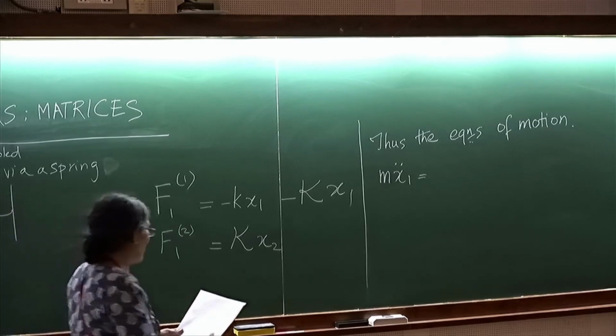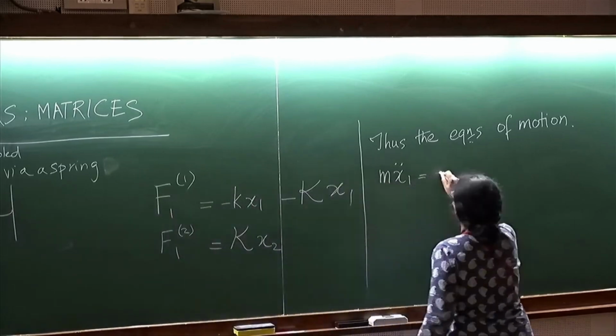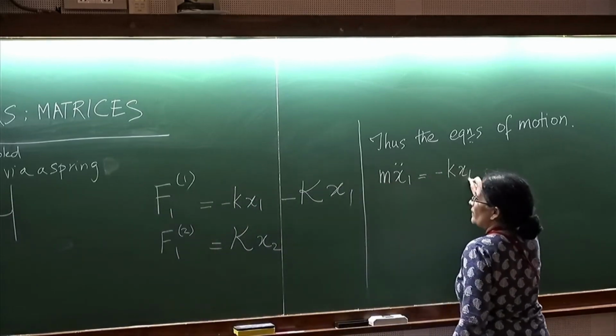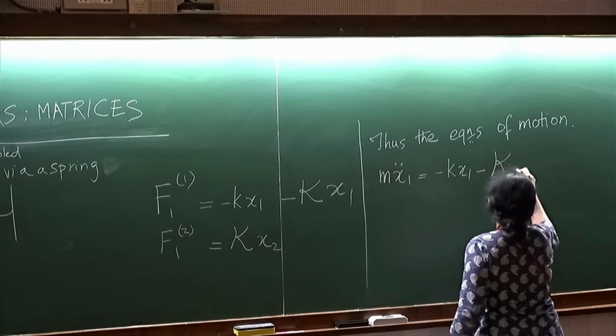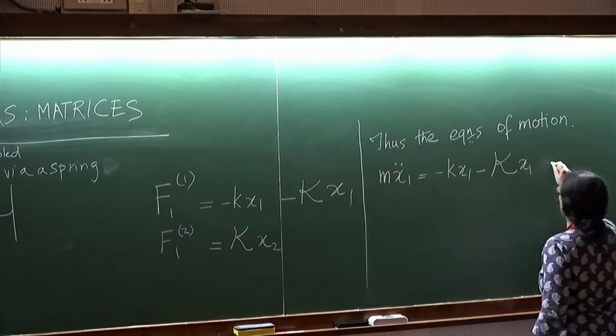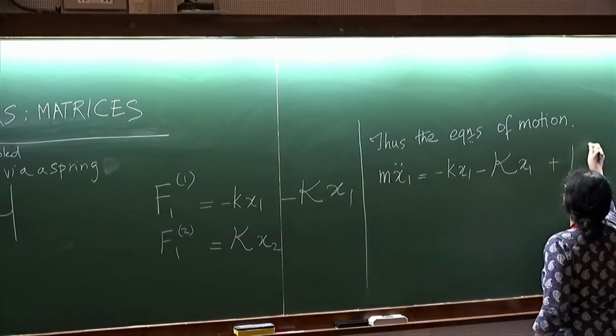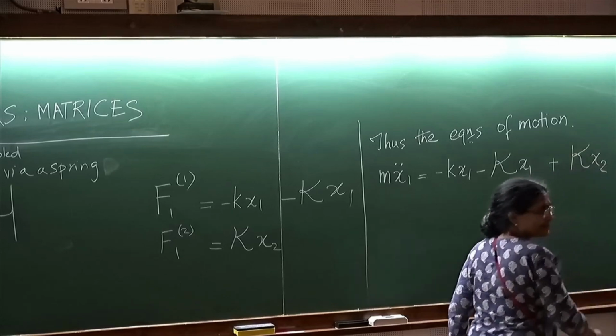Exactly, correct. So minus kx1 minus kappa x1 plus kappa x2, right?